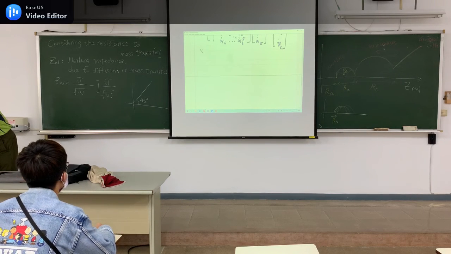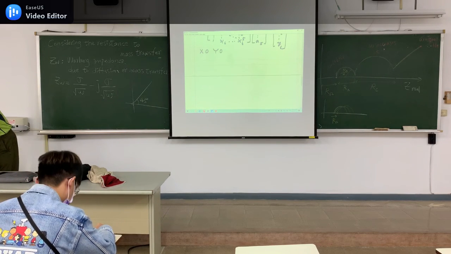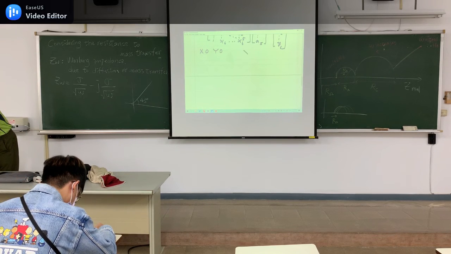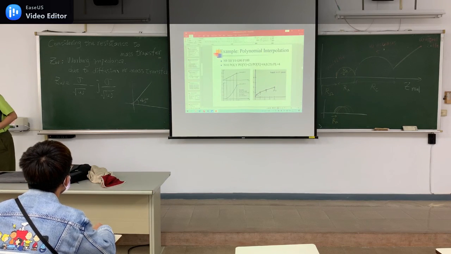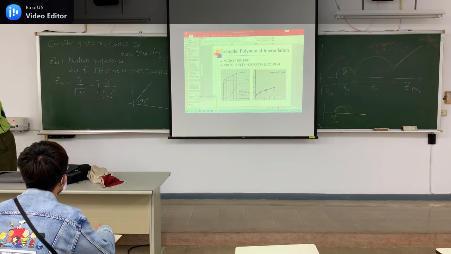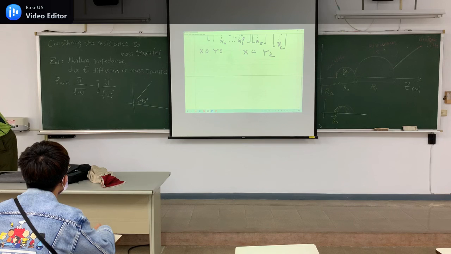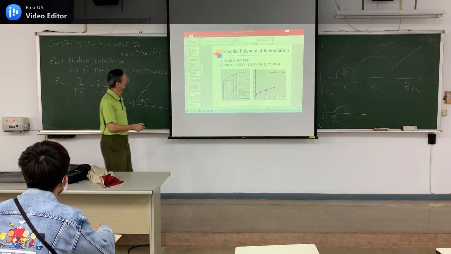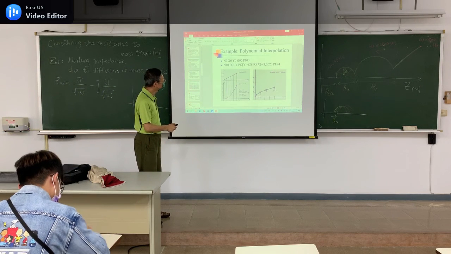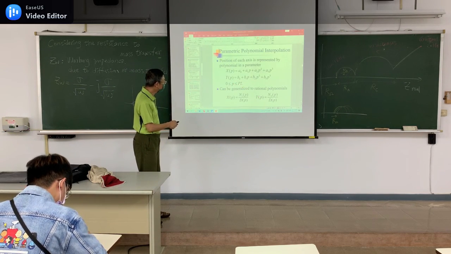So the ending point is X is 4, Y is 2. X and Y are polynomials, and the parameter range is up to 4.